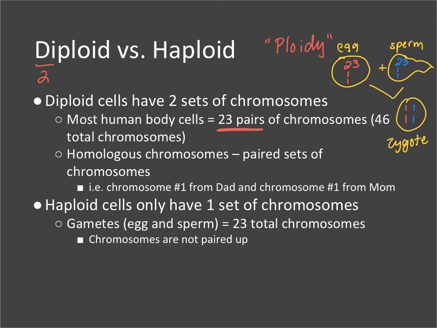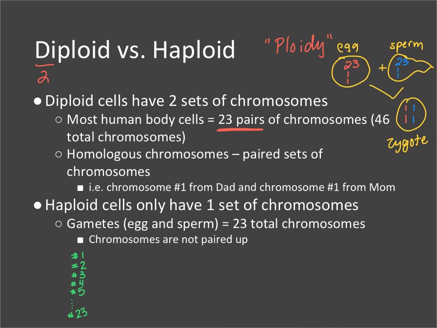Now, these 23 pairs of chromosomes, we can write this out as essentially you have chromosome number 1, number 2, number 3, number 4, number 5, etc., all the way down to number 23.